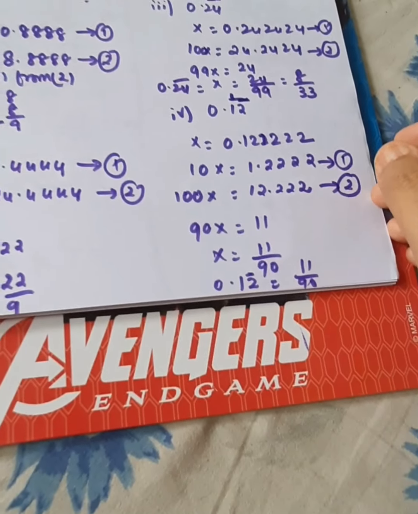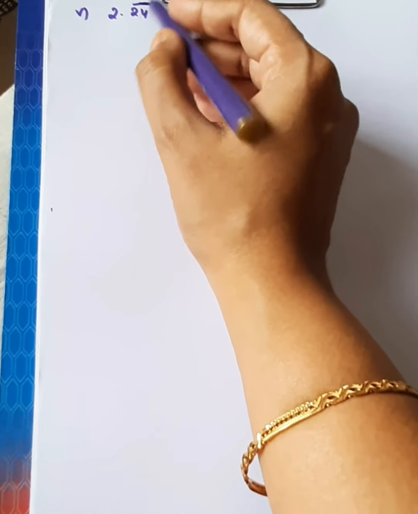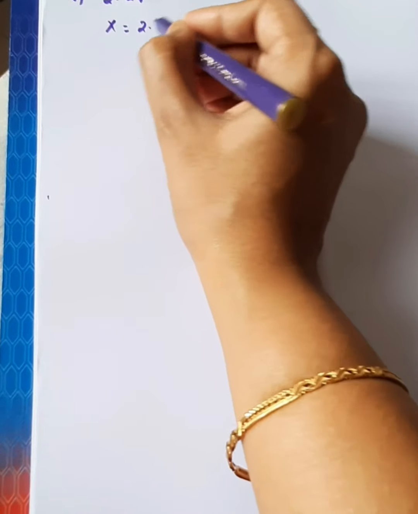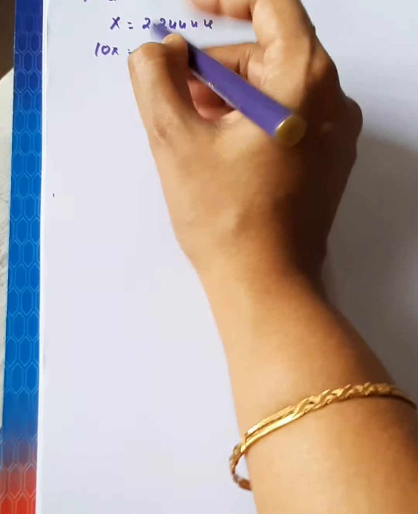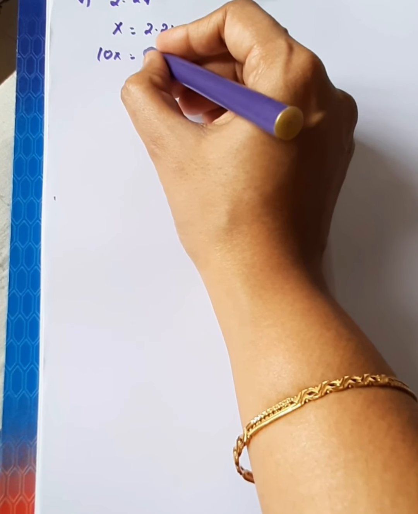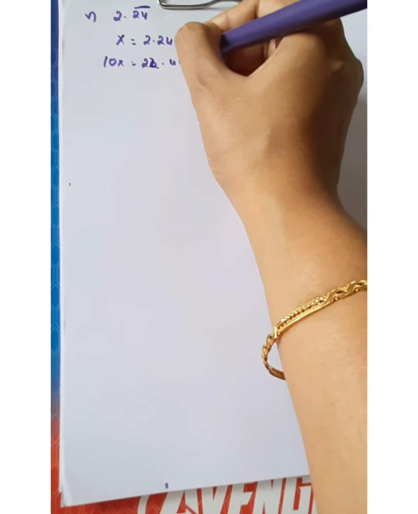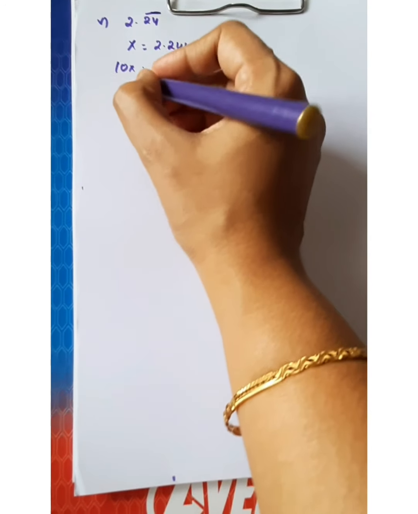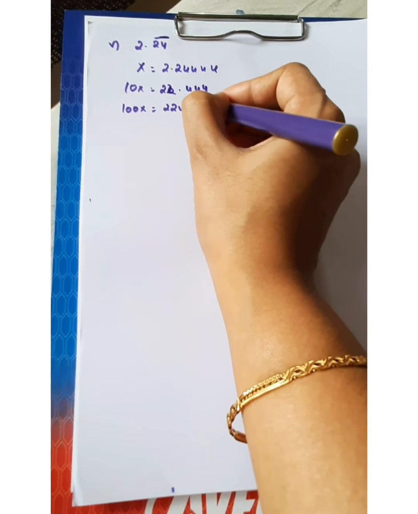Next, 2.24. Here again only 4 is repeated. x is 2.244444. 10x is 22.444. 100x is 224.444.